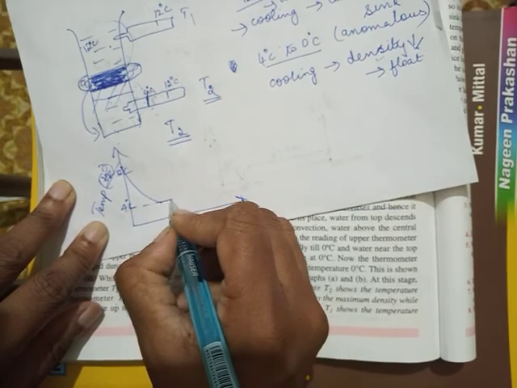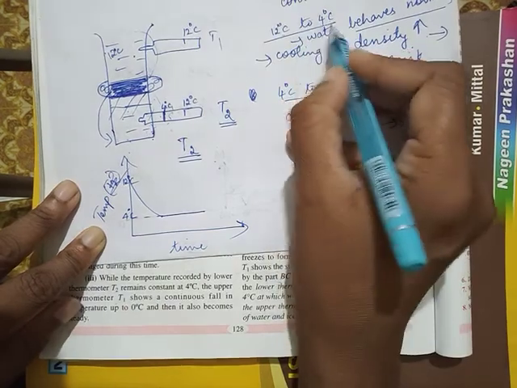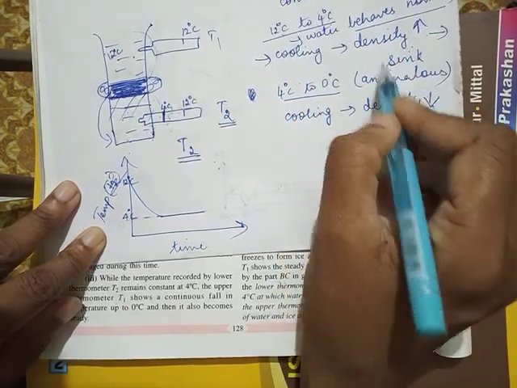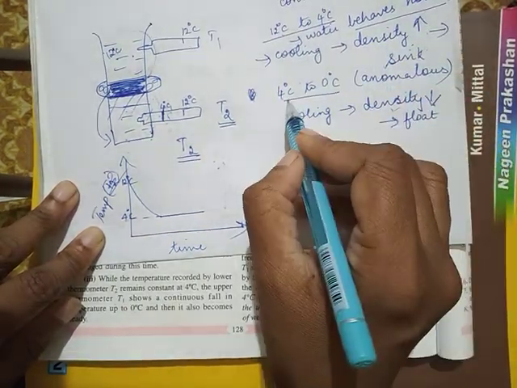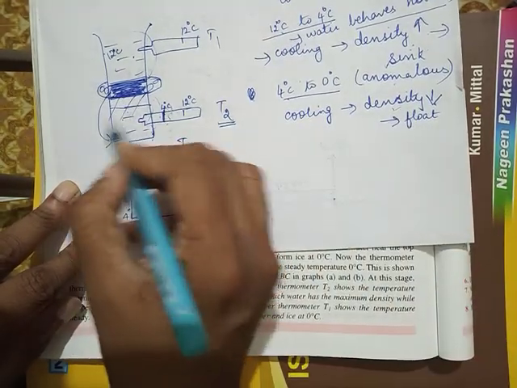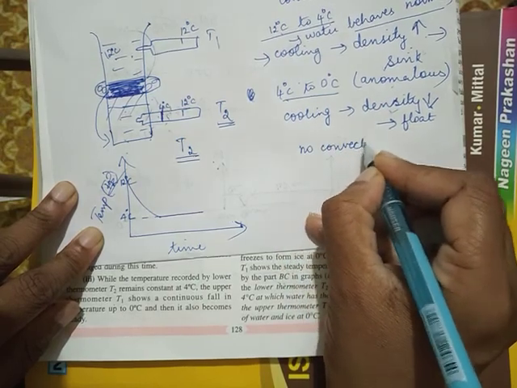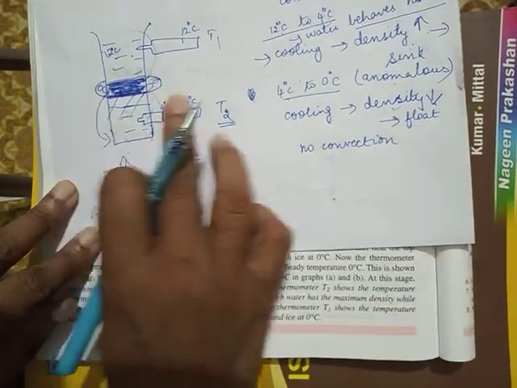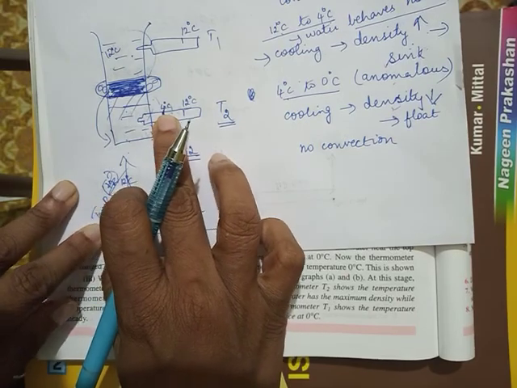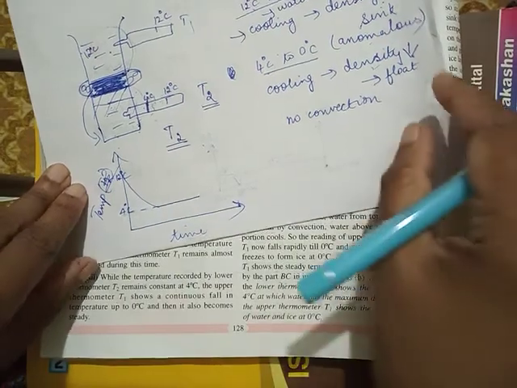But after that, it will remain constant. Okay. From 12 to 4, it will show a decrease because this is happening. But below 4, because of this, no more the water can come down. Convection cannot take place. No convection possible with lower part. So, this thermometer cannot show any more fall in temperature. Okay, this is what happens with T2.